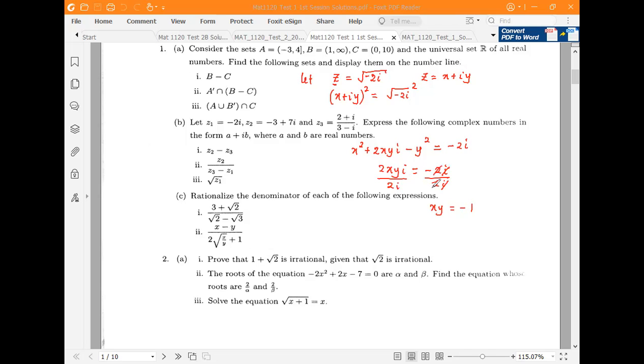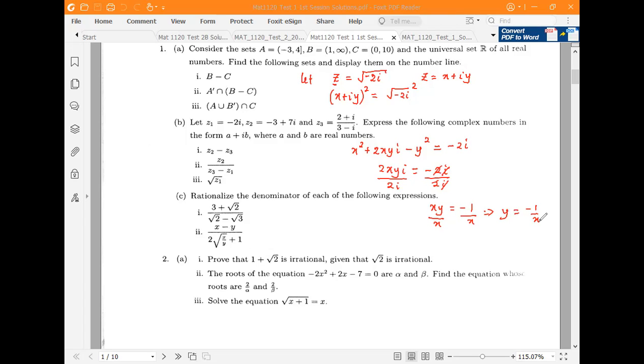So we can divide one of them. Let's divide by x. So what we are saying here is that y is actually equal to minus 1 over x.